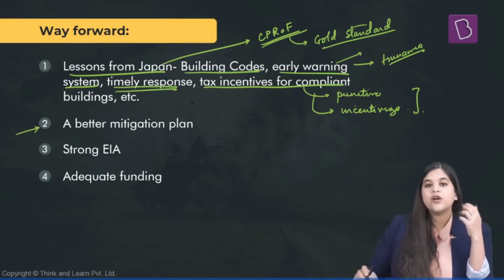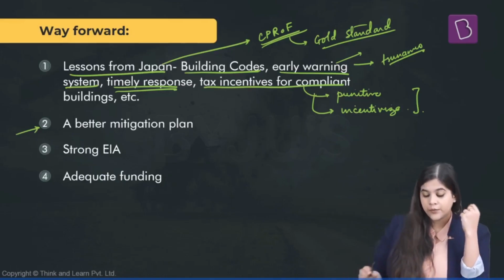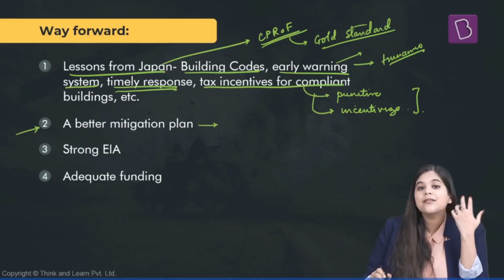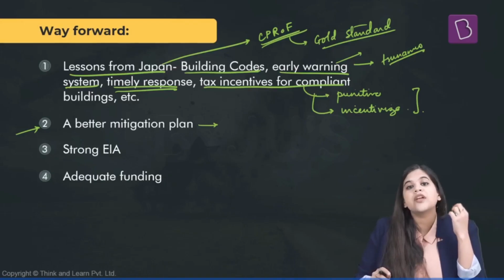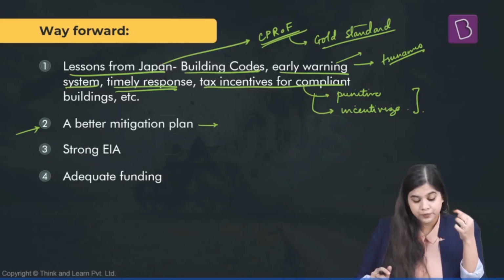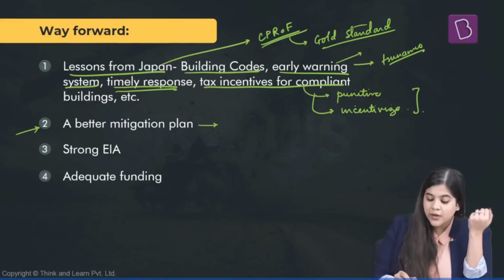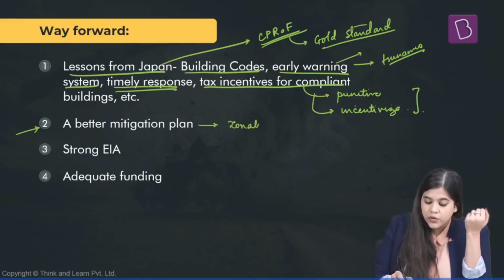We also need to have a better mitigation plan to ensure that the earthquakes do not cause many casualties and a lot of infrastructure destruction. Under this mitigation plan, we need to enforce zonation codes and building codes.